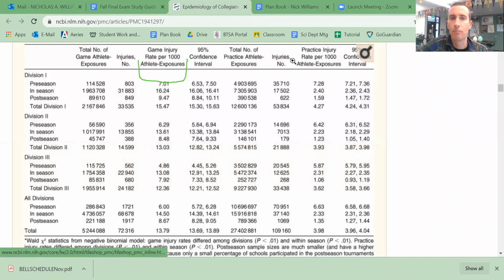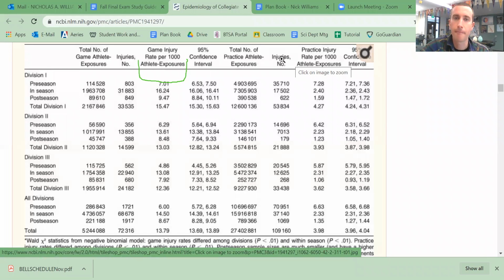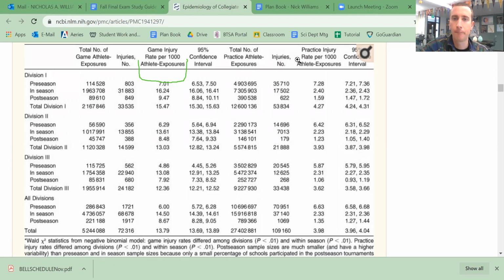Sorry, that would be this one right here. Oh, not clicking for me. There you are. Okay. So game injury rate and practice injury rate.